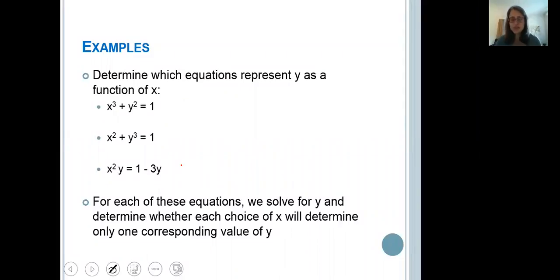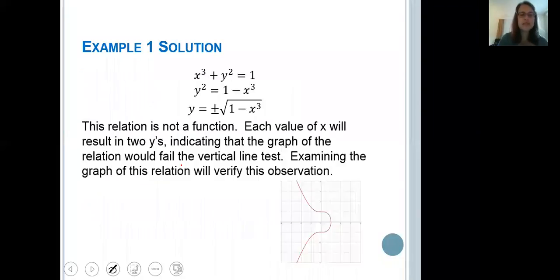What we do is we solve the equation for y. All right? So if we look at this one, but we have to make sure we're getting the whole solution. So the top one, if we solve it for y, we go through the steps I've got shown here.